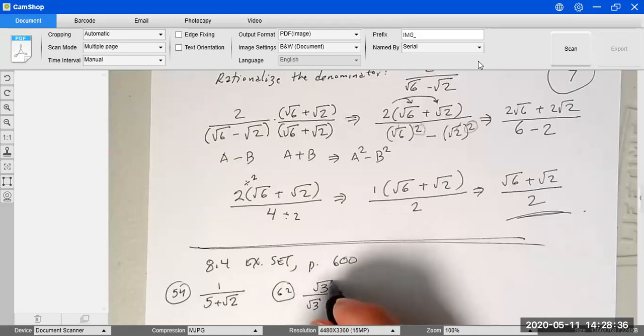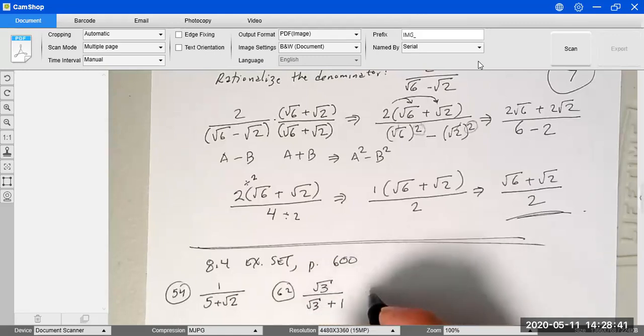So it's important that you see where the radical sign ends, so to prevent mistakes.